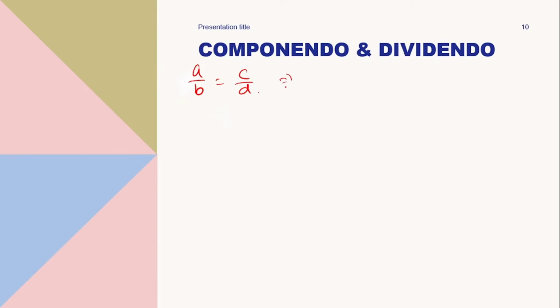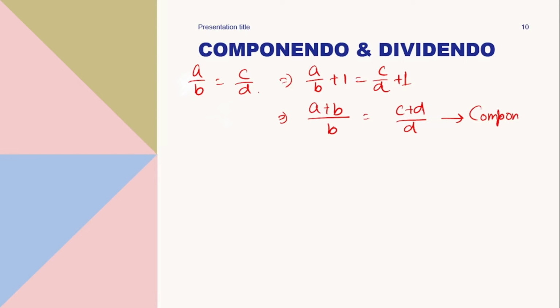So I can write a by b plus 1 equals c by d plus 1, so it can be written as a plus b by b equals c plus d by d. This is called componendo.